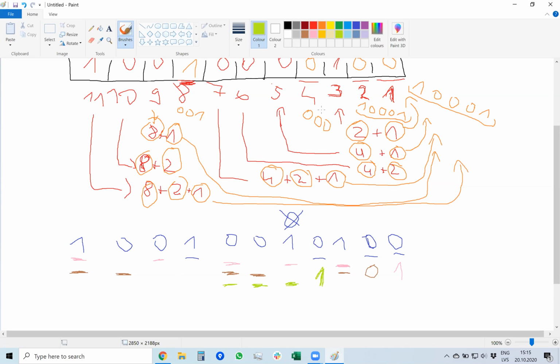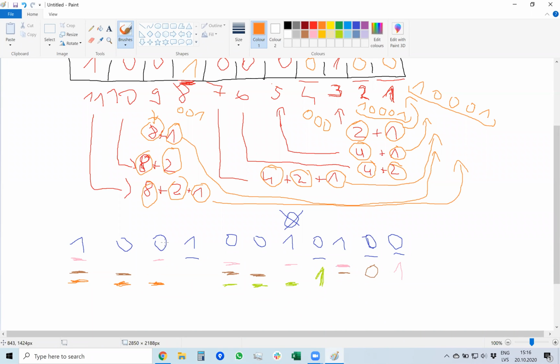So here again is the mistake. And let's calculate parity bit number 8. I don't know what color, for example, orange. Parity bit number 8 calculates on bits number 9, 10, and 11.